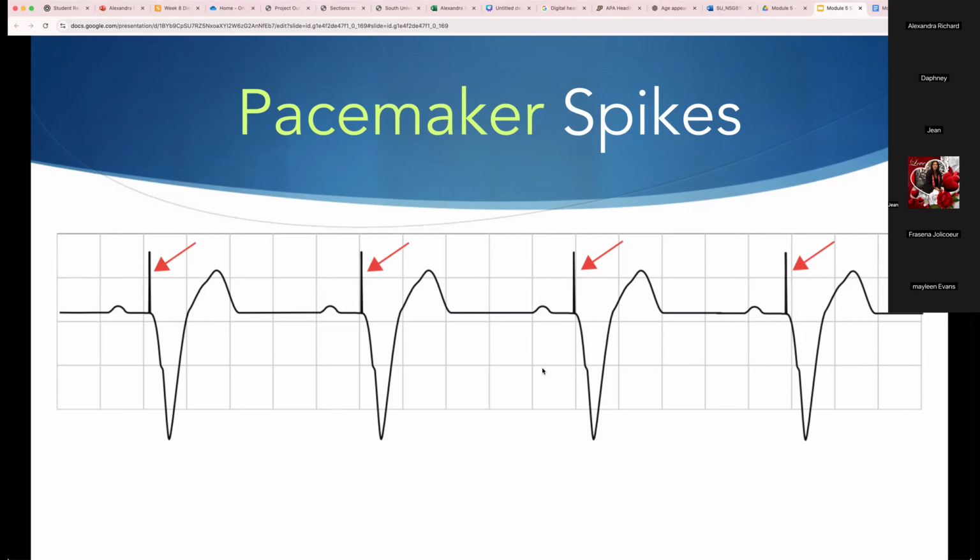So based on this picture, is this atrial pacing or ventricular pacing? Please put your answer in the chat.